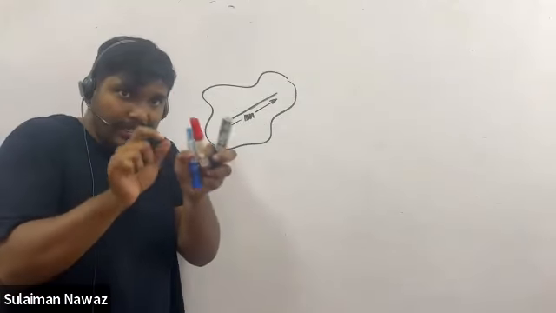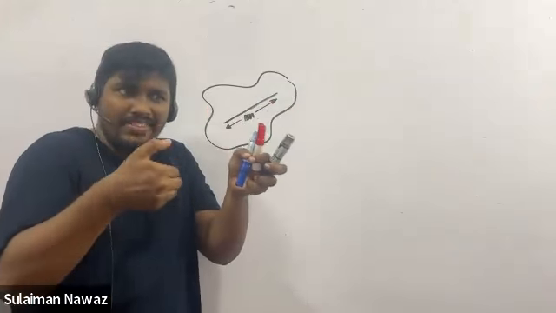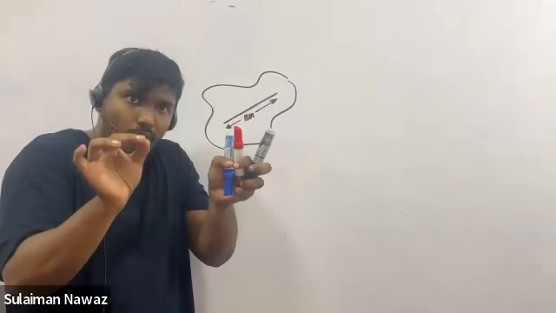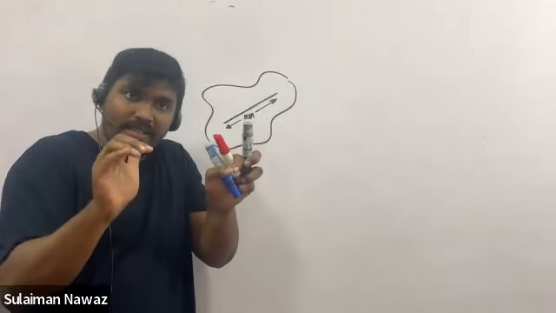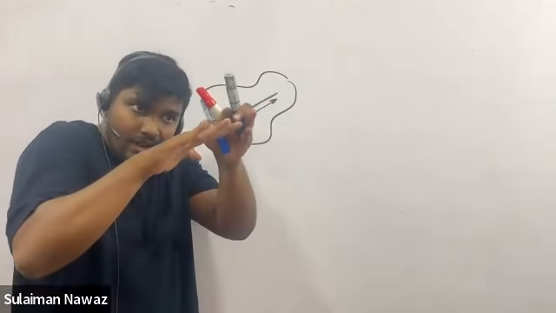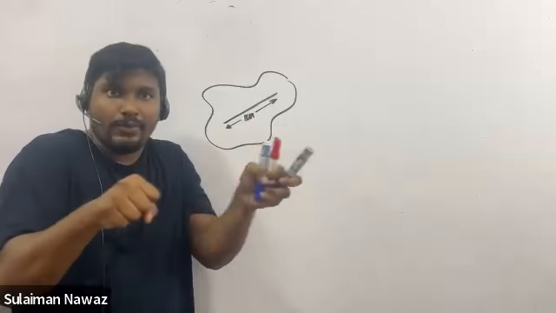How is tension force acting on the balloon surface? Because the balloon is stretched, when we stretch something, tension force is there. Every particle in the balloon surface will undergo some kind of tension force. In a very similar manner, every particle in the liquid surface is also undergoing some kind of tension force.